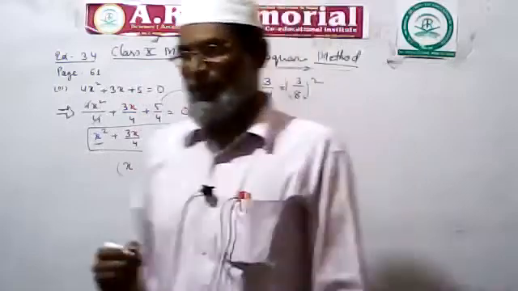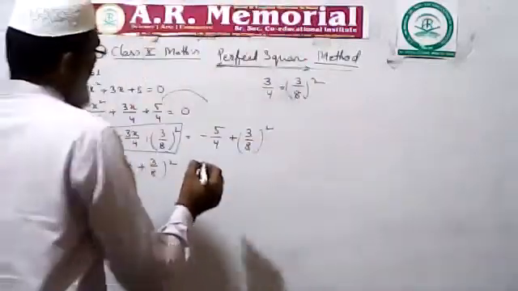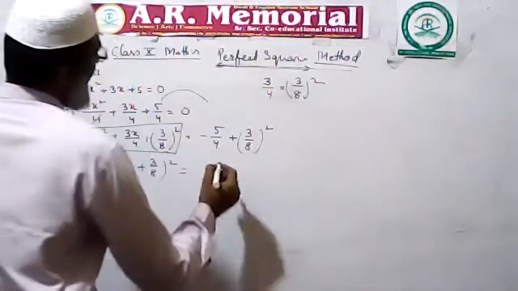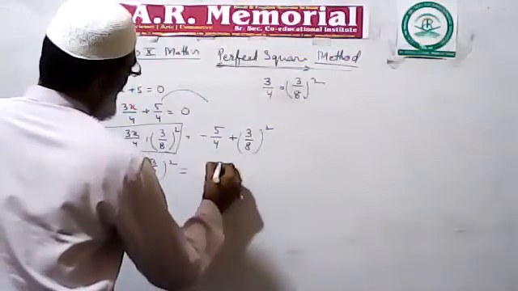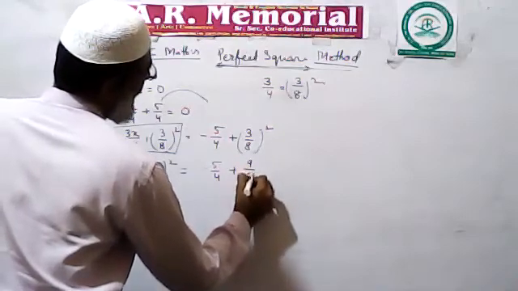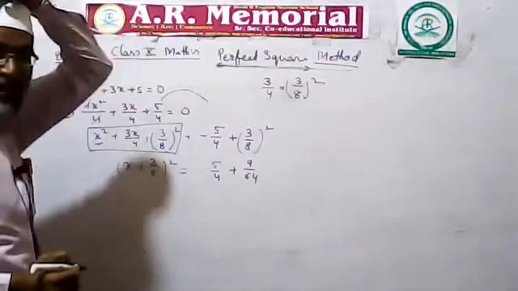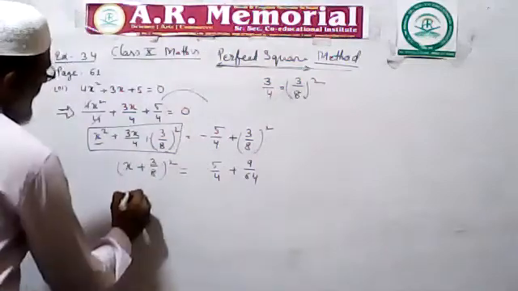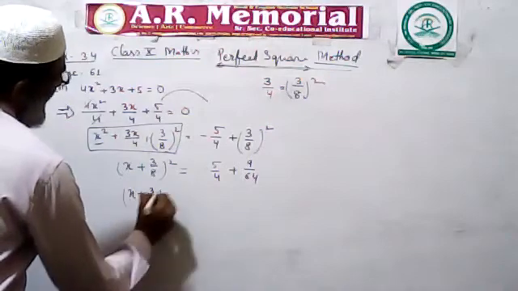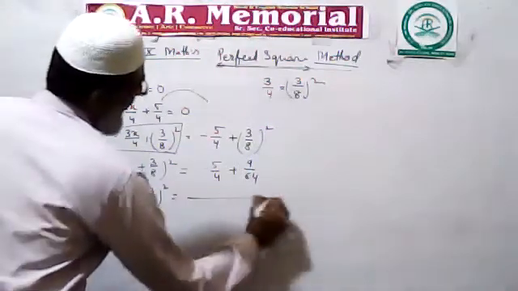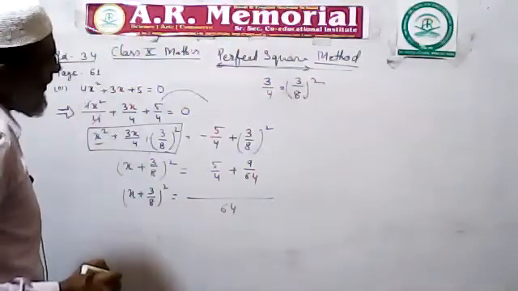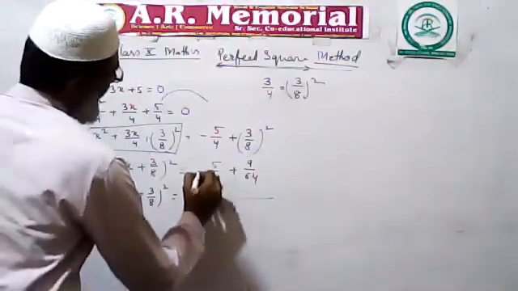Now come to this side. It is equal to minus 5 upon 4 plus 9 upon 64. How did I get 9 upon 64? The square is there. Now x plus 3 upon 8 whole square is equal to, take the 64. How many times is it? I think 16. 16 times 5 is 80.